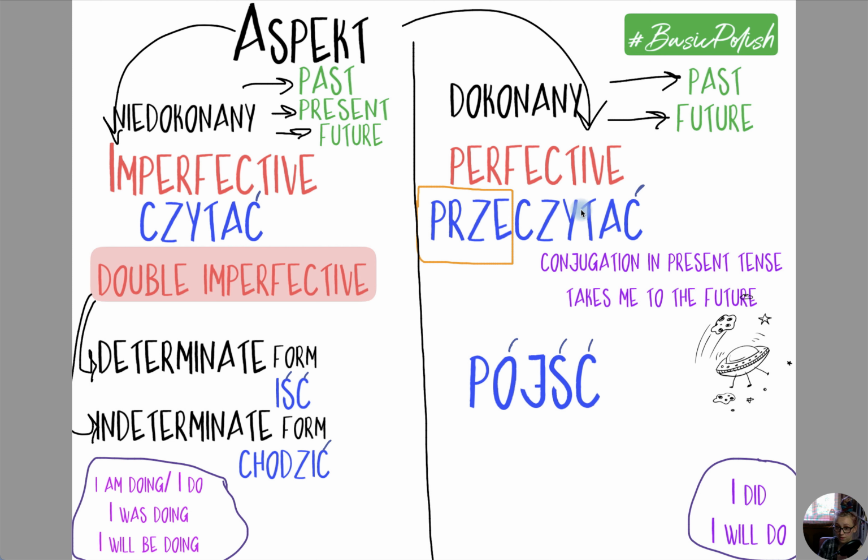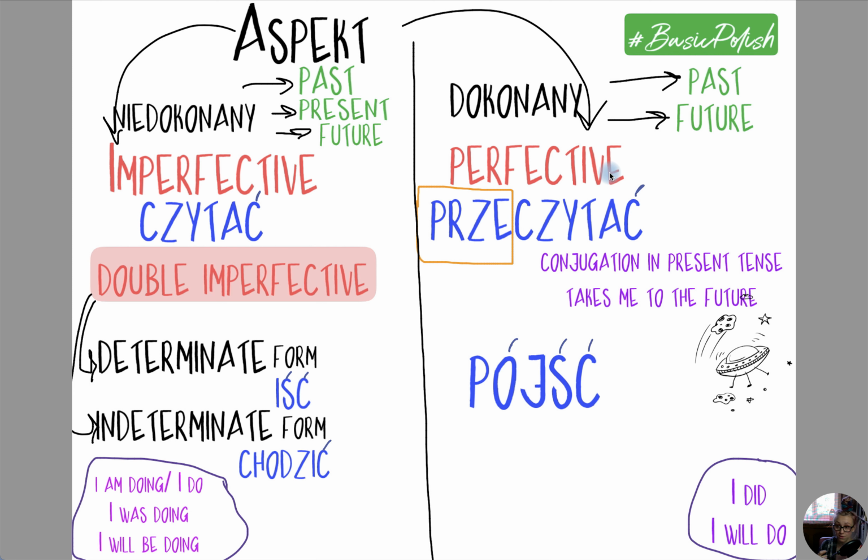However, now think about it. I conjugated a perfective verb in a present way, if you like, and it took me to future, right? Didn't it? We were saying I will read. Yeah, that's future tense.